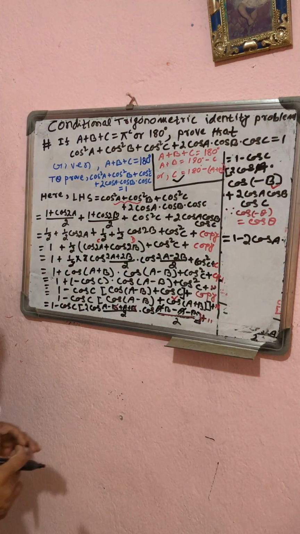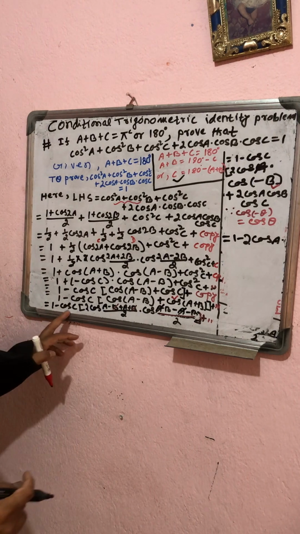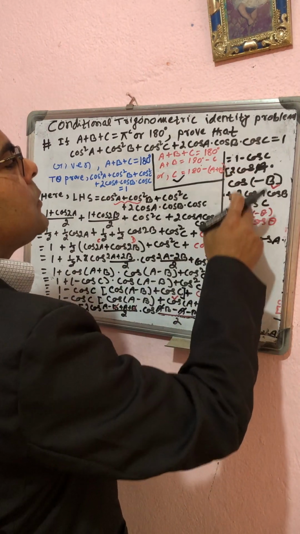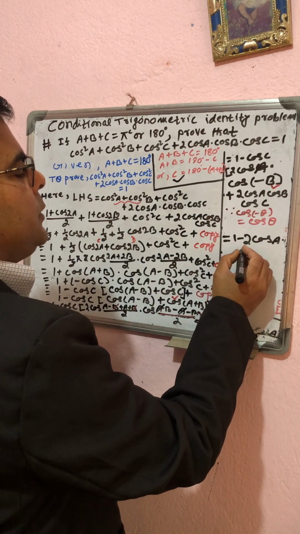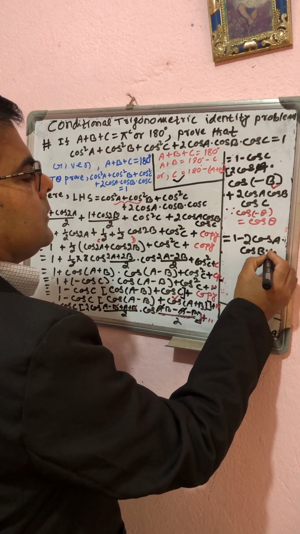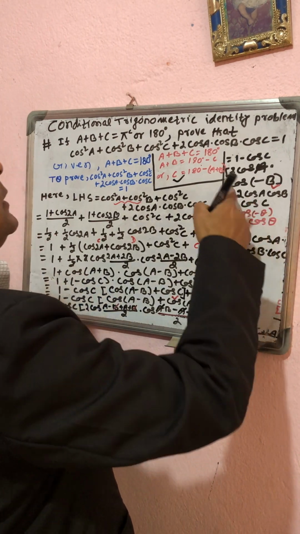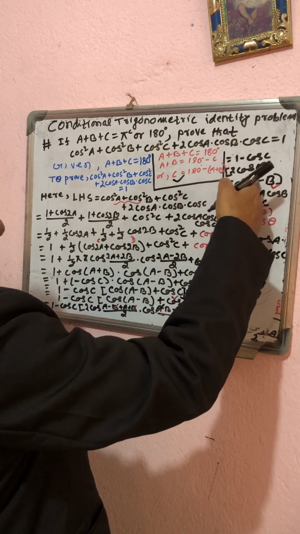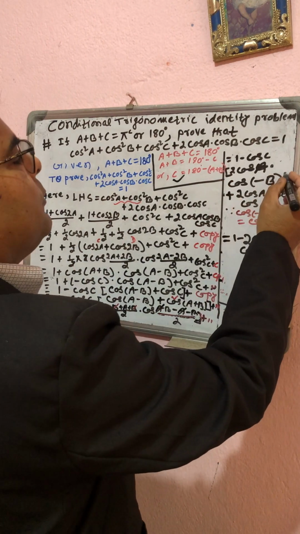And one thing we are missing out from here: in the beginning we had cos C, so we have to consider this cos C also. Because cos C is continued from here, cos C also multiplies inside this bracket.